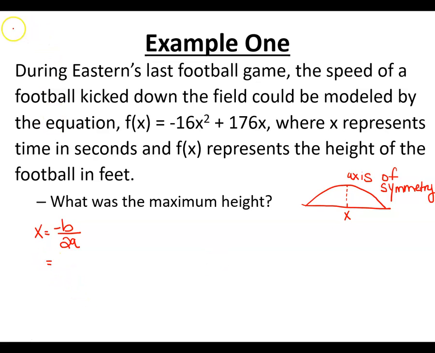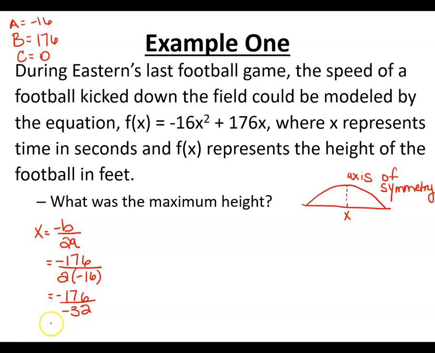Since we know that a is negative 16, b is positive 176, and since we don't have a c term, that should be 0. This should be negative 176 divided by 2 times negative 16. A negative divided by a negative is a positive, so x equals 5.5.